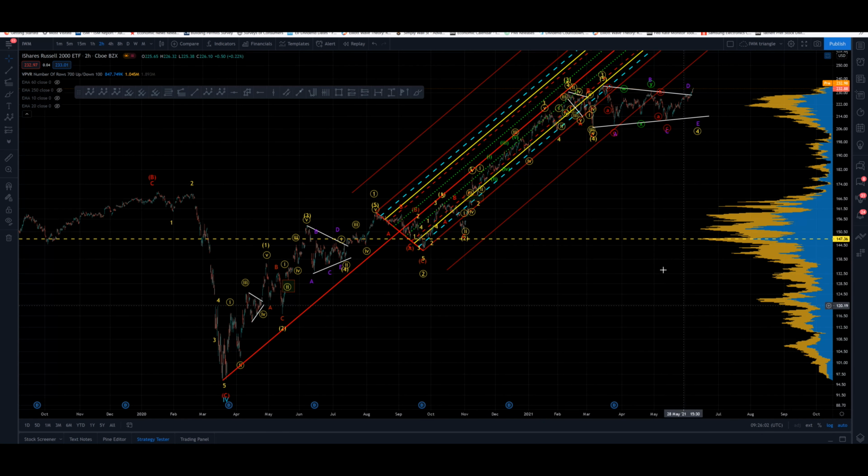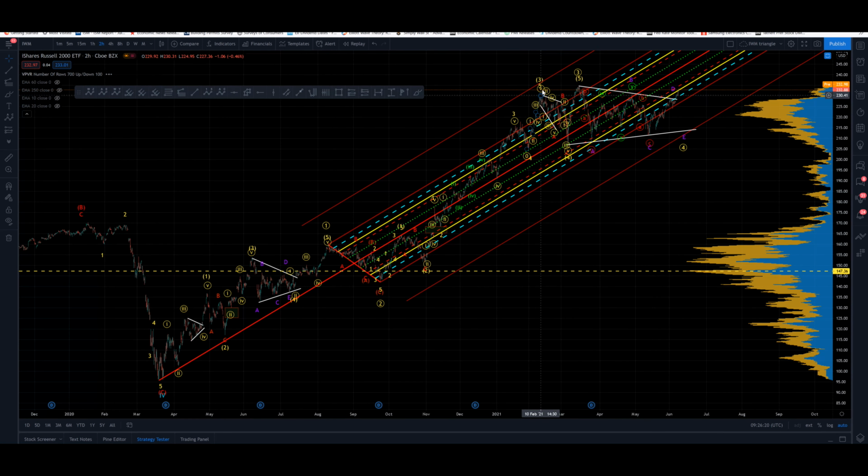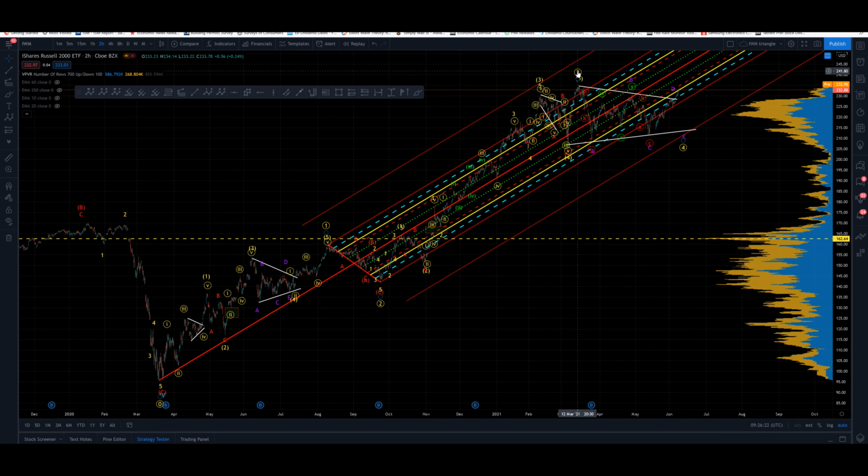Now if we shift this into log, we get a touch on the median line here with the intermediate 3, and this is why I've ended up with the primary 3 on the other count you'll see later, just because that's a very likely place for a 3 to finish. But I'm also happy with this because we get a throw over in the 3 of the 3, so we get the greatest peak outside of the pitchfork in the 3 of the 3, so I quite like that.